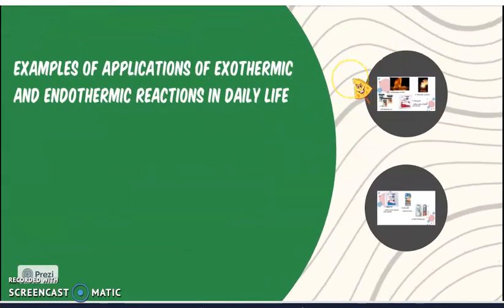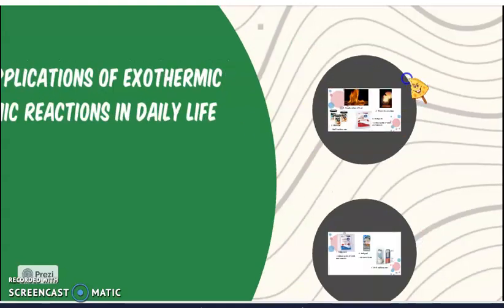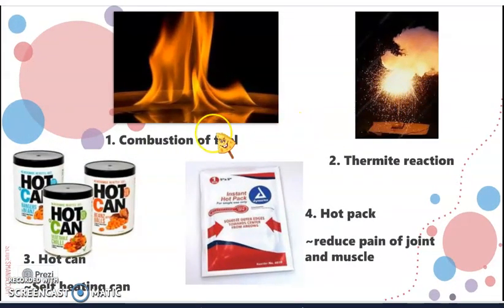Now we look at the examples of application of exothermic reactions in our daily life. There are a few examples of exothermic reaction. The first is combustion of fuels. For example, we use fuels for cooking food. Okay, kita guna bahan api untuk memasak.